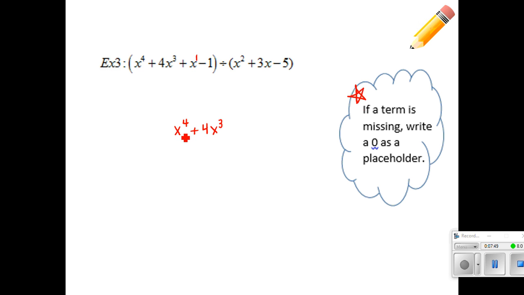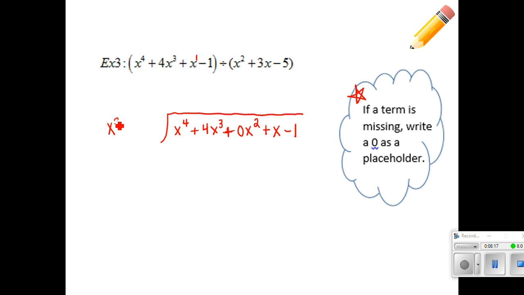So x to the 4th plus 4x cubed plus 0x squared plus x minus 1. If the divisor or the dividend is missing any term, you have to put 0 in as the placeholder.